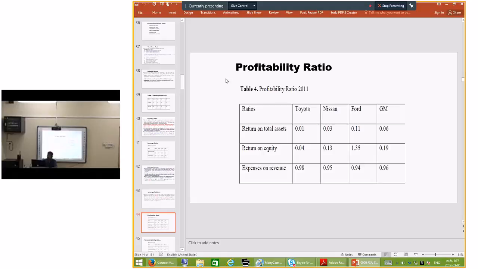Then we should invest in all assets or all capital in a proper way, and we should earn from that capital. Otherwise, we cannot pay interest, right? Then we should have a higher rate of return greater than cost of capital, right? Otherwise we cannot earn profit. Then again we have to consider that issue, right?